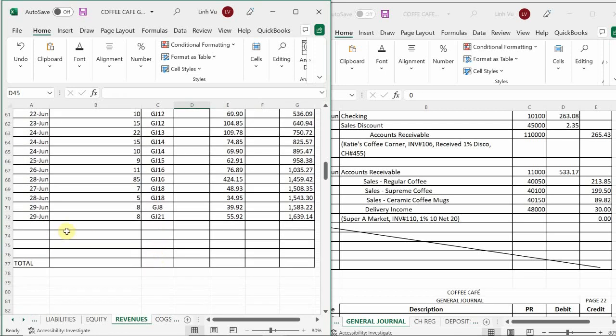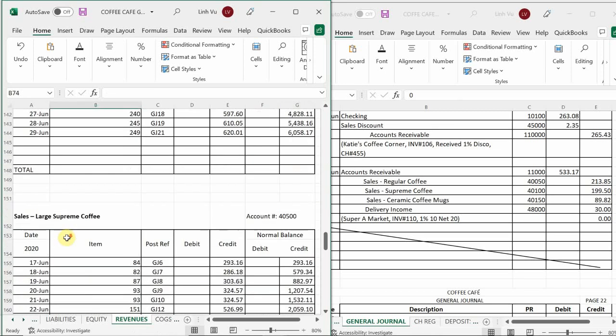And of course, we sold ceramic coffee mugs. I believe we sold 18 of them for a grand total cost of $89.82, which should give me a total of $1728.96.